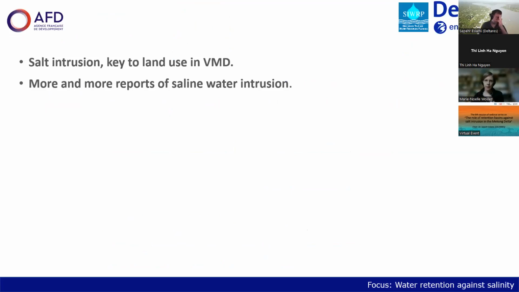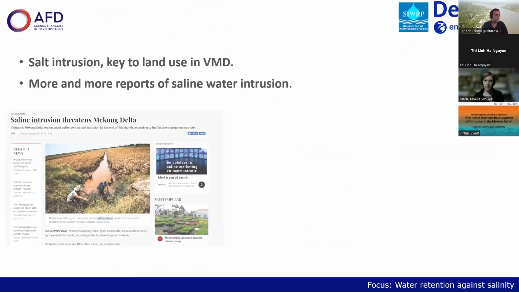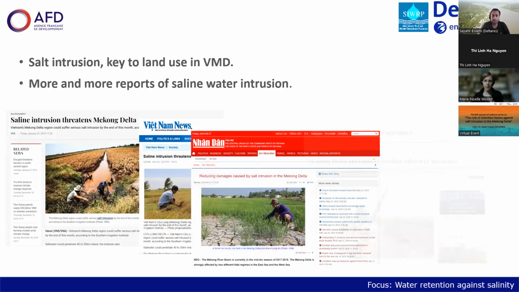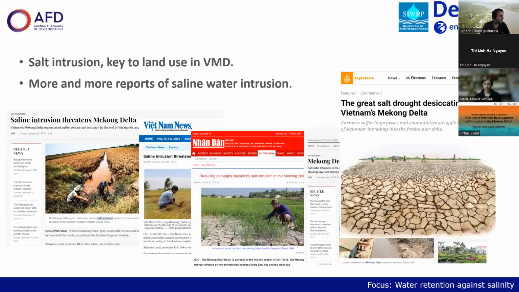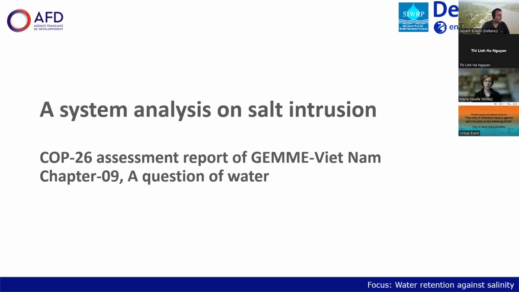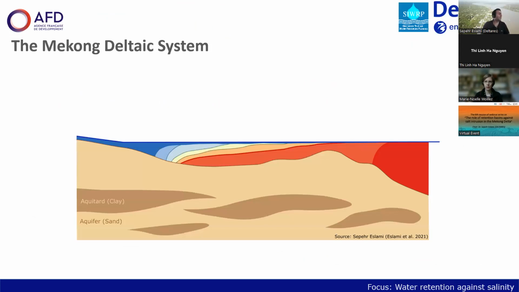So salt intrusion is the key to land use in the Mekong Delta, and we see more and more reports of saline water intrusion in the Delta. We need to have a look at a system analysis of salt intrusion. If we look at a cross-sectional view through one of the estuarine channels, on the ocean side we have saline water, and upstream we have fresh water.